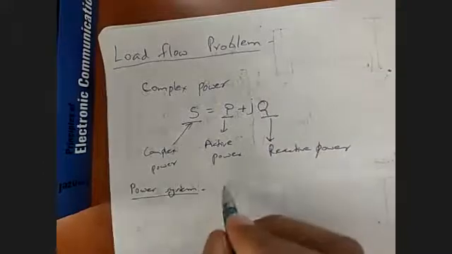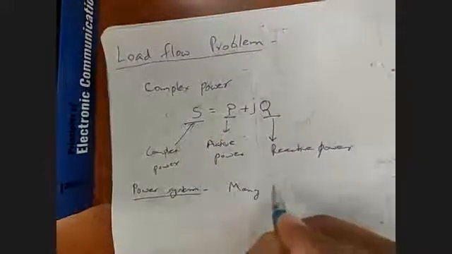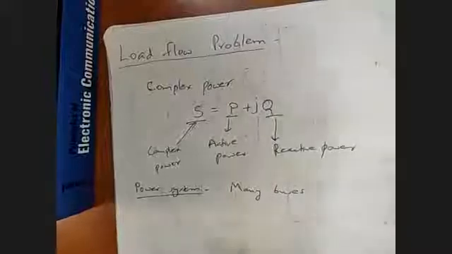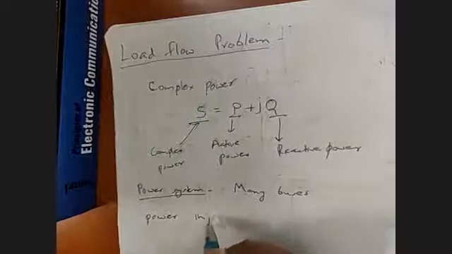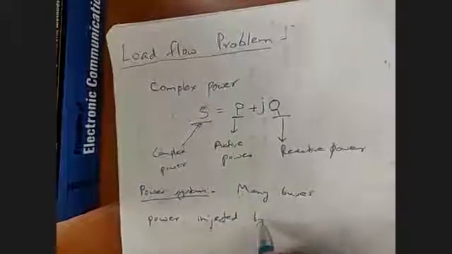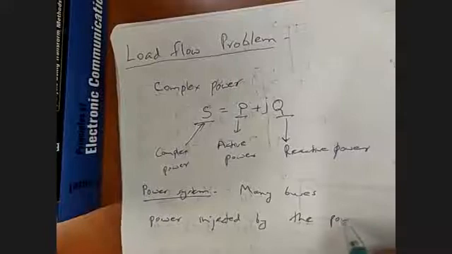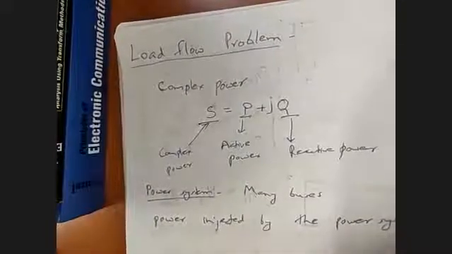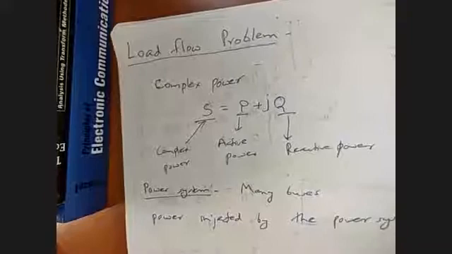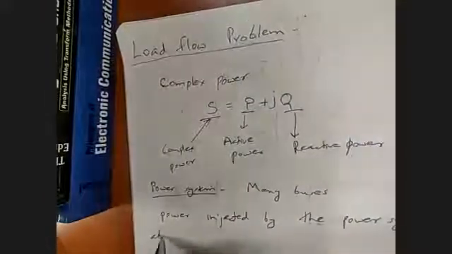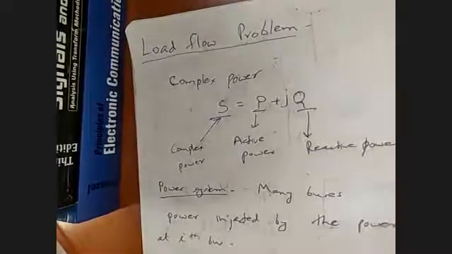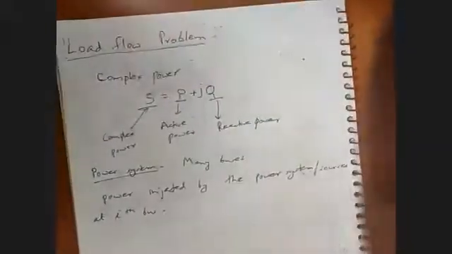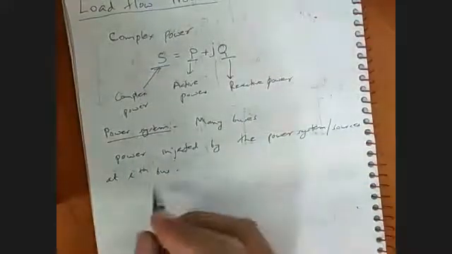So for a power system, we have many buses. So we will calculate power injected by the power system or sources at ith bus. Because when we talk about a power system, we have many buses.